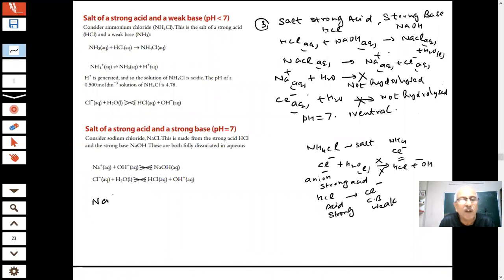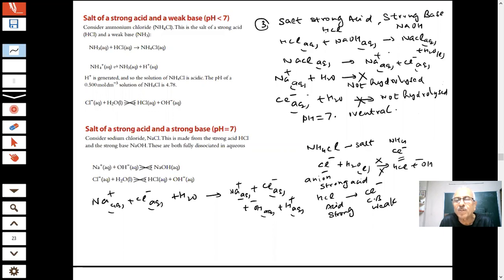We have Na plus aqueous plus Cl minus aqueous, and if you consider H2O, you are getting OH minus aqueous and H plus aqueous, equal amounts of NaOH and HCl. So we can say that there is basically no hydrolysis in this case, and therefore it is neutral and pH is 7. pH will be 7 if you have a salt of a strong acid and a strong base. Okay, sir. Okay.